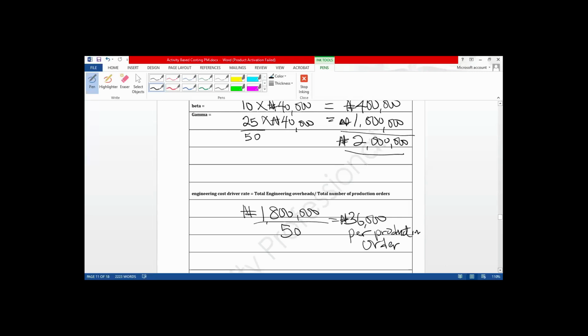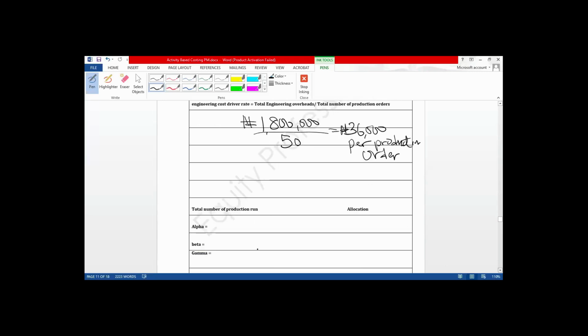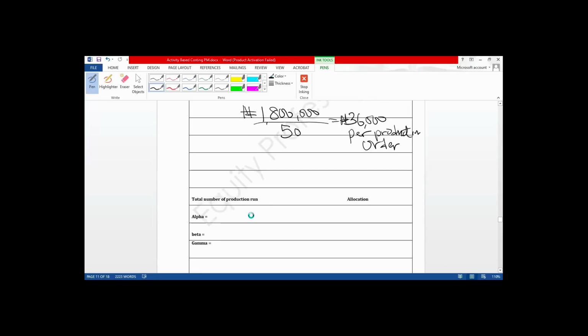Then go to allocation. You have 15 production orders here, multiplied by 36,000. You have 10 orders here, multiplied by 36,000.